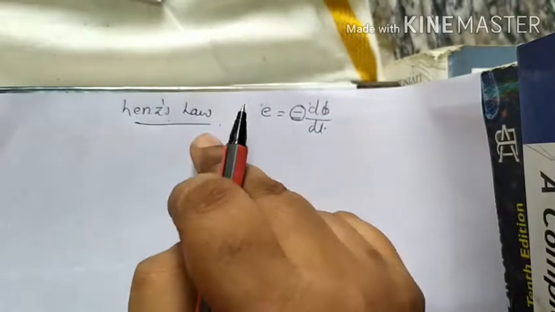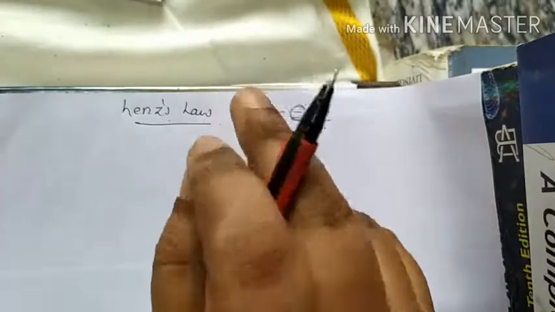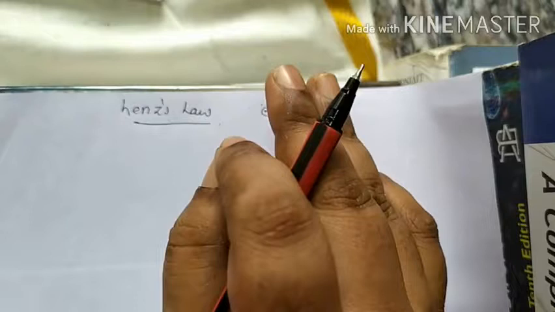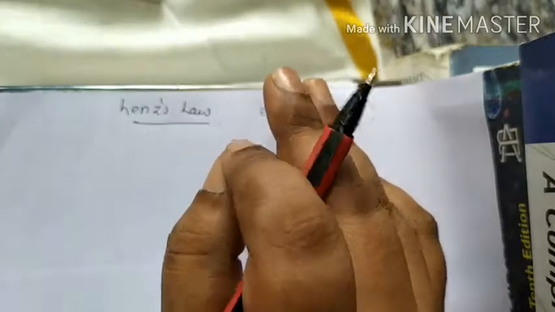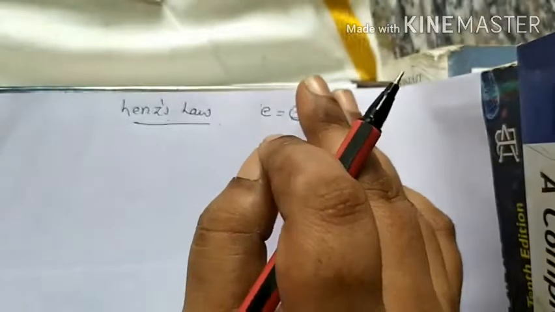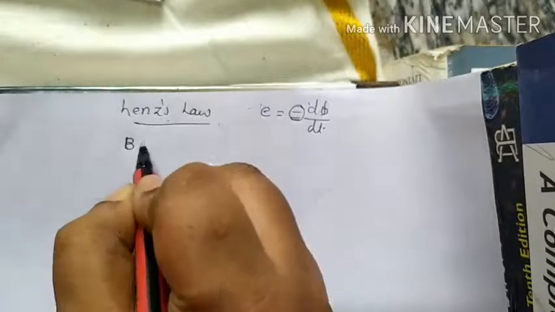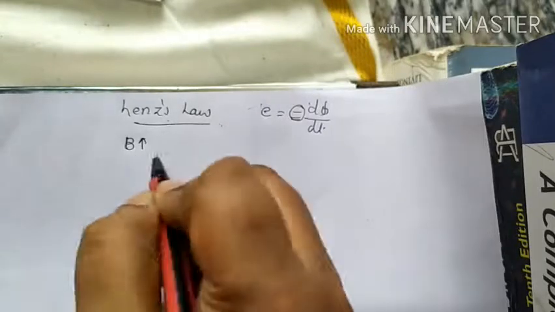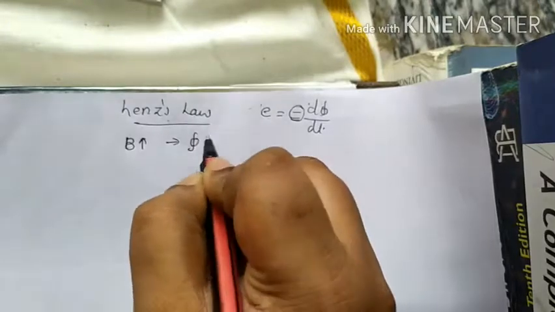Now what Lenz's law states is that the direction of induced EMF or induced current inside a coil kept in a varying magnetic field is in such a way that it always opposes the cause producing it. So if B is a magnetic field which is varying, this varying magnetic field is causing a change in flux.